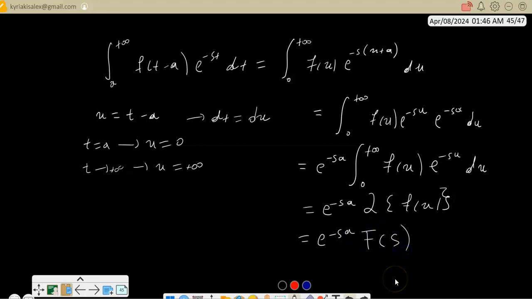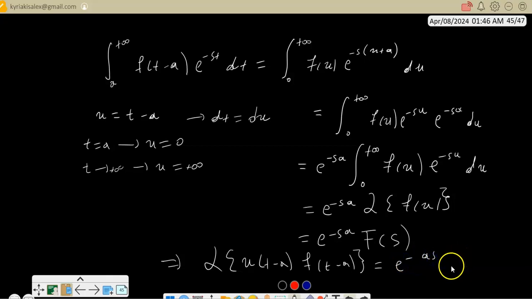This is a function of s. So the Laplace transform of the function u of t minus a times the function f of t minus a equals e to the minus as times F of s.